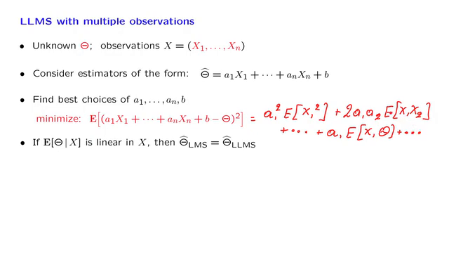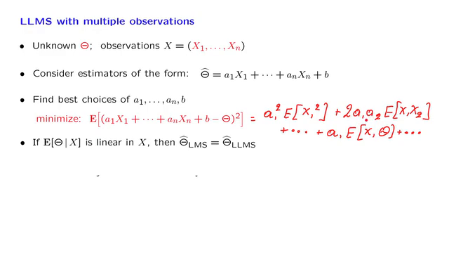What's the important thing to notice? That this expression as a function of the coefficients involves terms either of this kind or of this kind or of that kind, first order or second order terms. To minimize this expression, we're going to take the derivative of this and set it equal to 0. When you take the derivative of a function that involves only quadratic and linear terms, you get something that's linear in the coefficients.